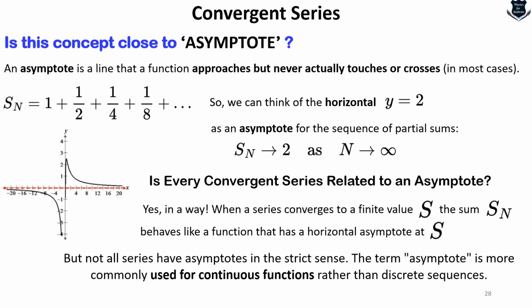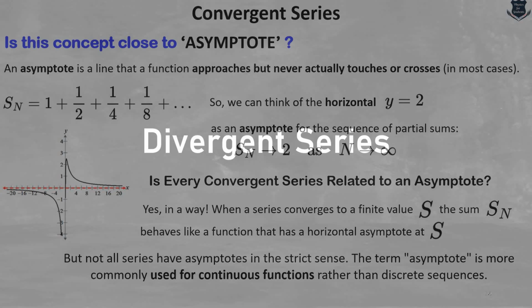We are dealing with discrete mathematics, and the term asymptote is actually used for continuous functions. The concepts of series, divergent, convergent, etc. deal with what is called discrete mathematics.